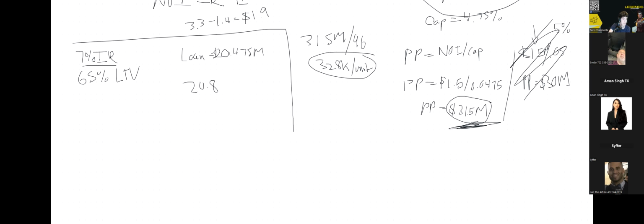To get the total amount we're paying on the loan, we need to multiply that by the interest rate, which is 7% plus 1.5% for the principal. So really 8.5% is our interest on the loan. So 20.8 million times 8.5%.